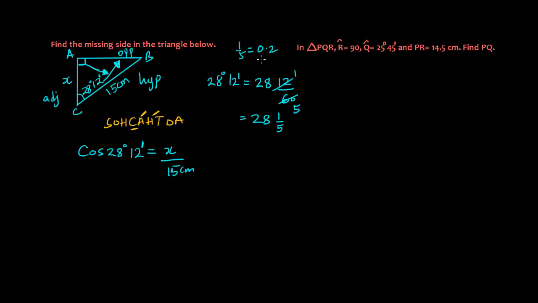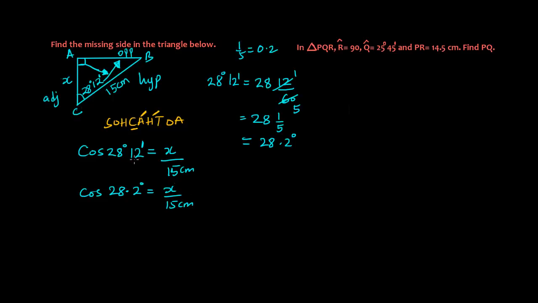So if we add 28 plus 0.2, which is 1 over 5, this will give us 28.2 degrees. So what we have here will now be cos 28.2 degrees equal to x all over 15 centimeters.